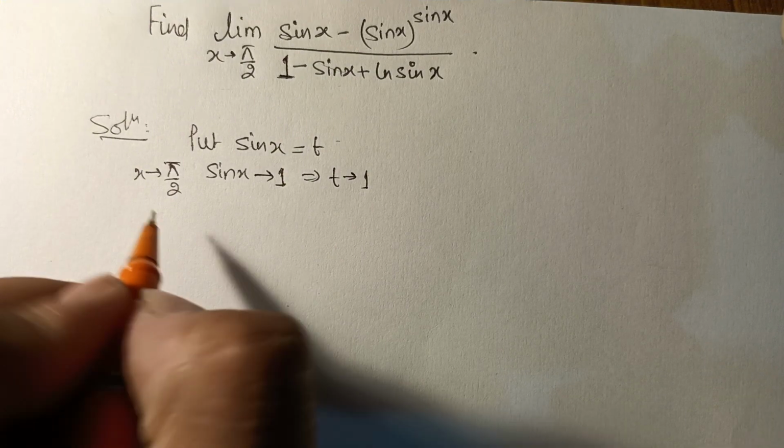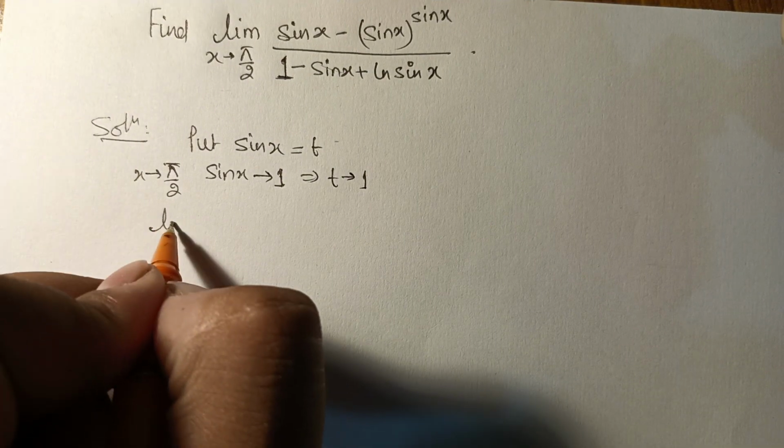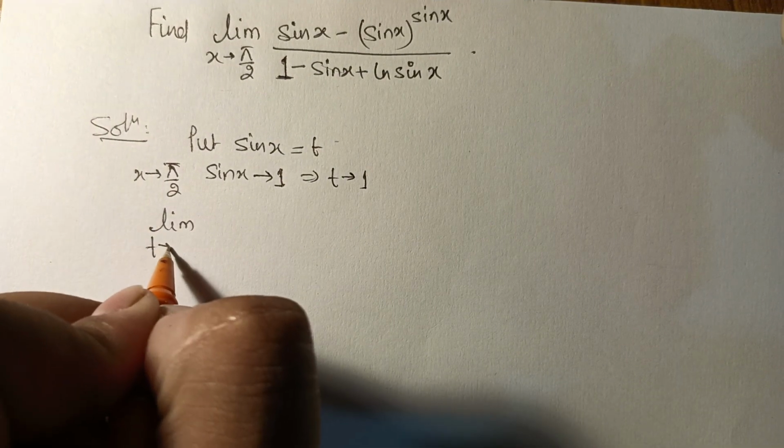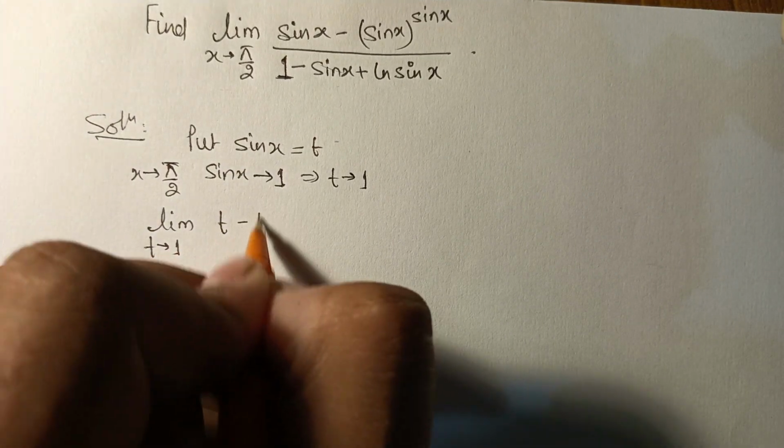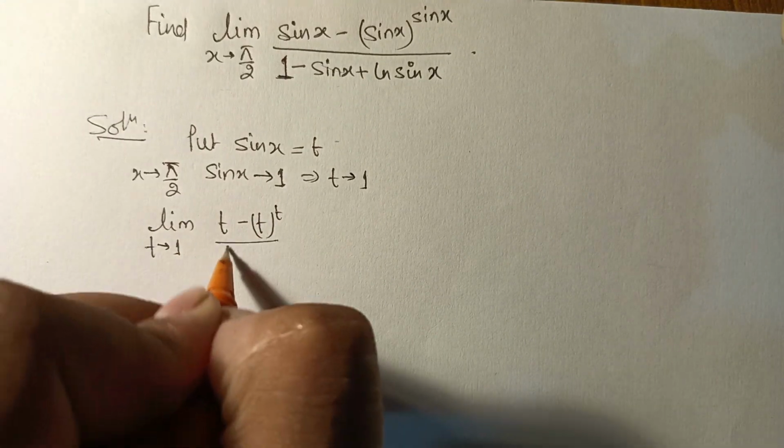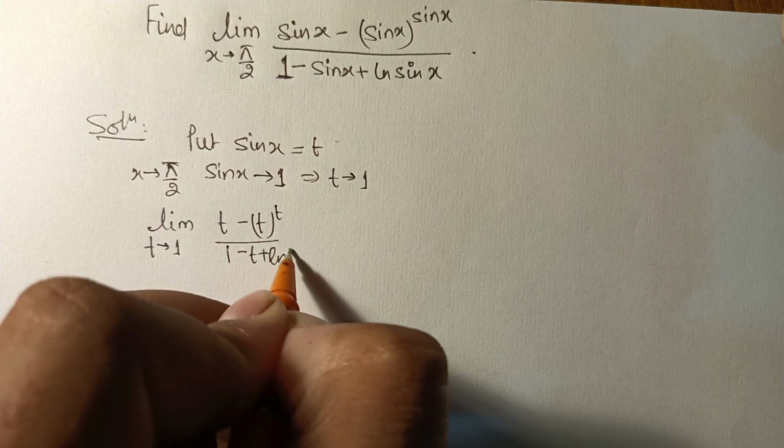So now we have a new expression, which is the limit as t tends to 1 of (t minus t raised to power t) upon (1 minus t plus ln t).